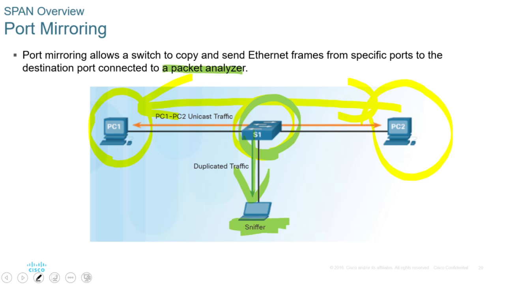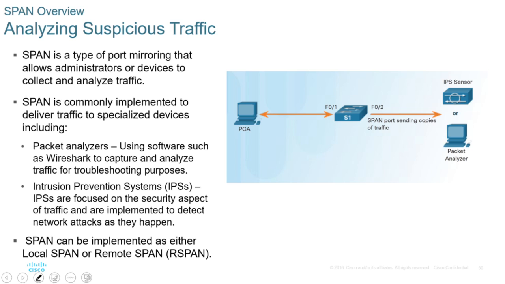So it is a way of doing a packet analyzing type of activity. By connecting a port mirroring device, we will receive the duplicated traffic that is happening through the switch, and then we can monitor that traffic. Again, this can be useful as a monitoring tool.